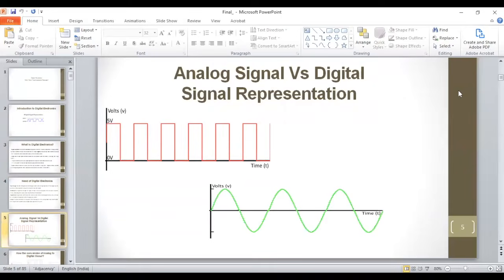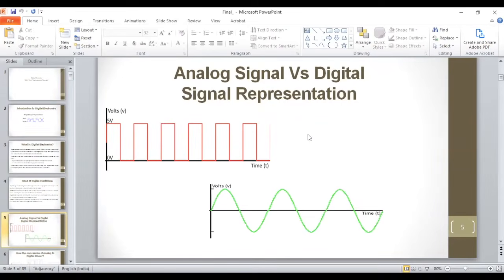Similarly, when I talk about analog versus digital signal representation, I have to know two, three things. In the red waveform, you can see the 0 is kept at low value and 5 is kept at high value. So that means 0 is low logic and 5 is the high logic. Similarly, when I talk about an analog signal, it's a sinusoidal waveform.